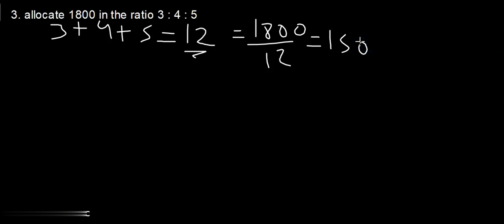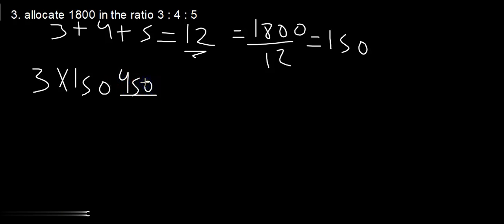And then after that, all you gotta do is multiply the result, this 150, by each one of them: by 3, by 4, and by 5. So that's the whole process. I'm gonna multiply 3 by 150, and my result will be 450.